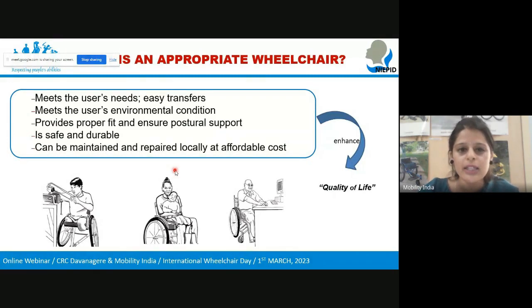All these increase the independence of the user, which enhances quality of life. So wheelchair provision is not just delivering a product; it also enables all these factors to maintain health and participate in the community fully.